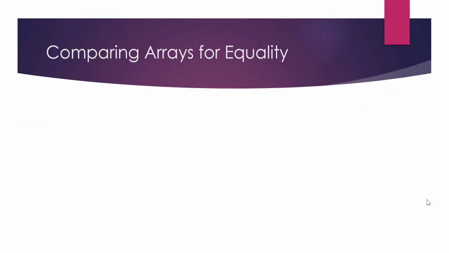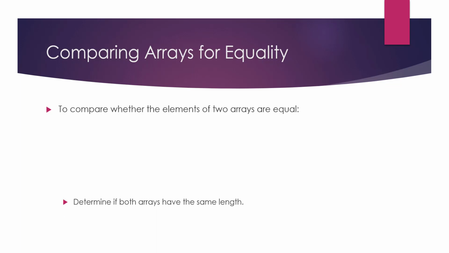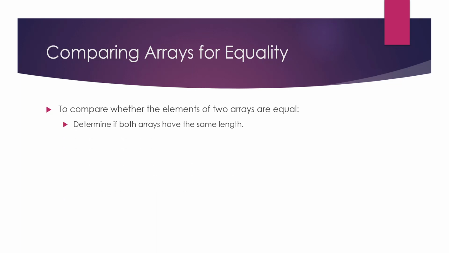The last thing we will look at in this video is checking if two arrays are equal to each other. Now again, we are not checking the references, we need to check element by element. So what we are going to do is compare the elements of two arrays to see if they are equal. We will start by checking if they have the same length.